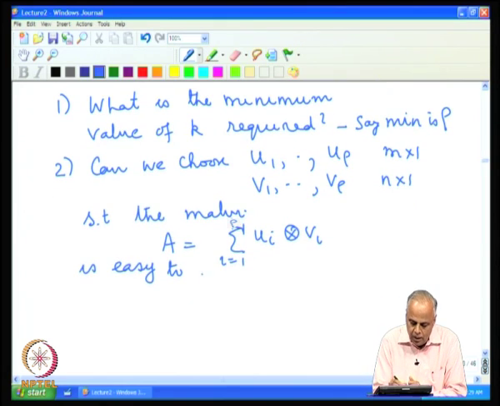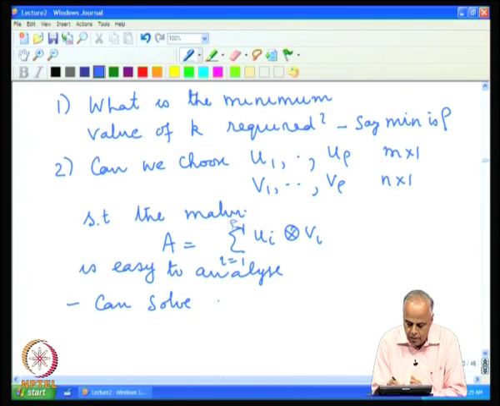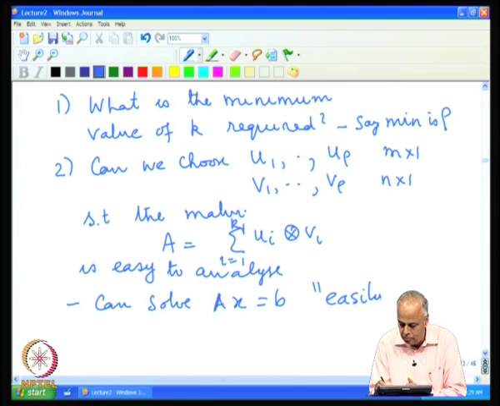What do we mean by easy to analyze? For example, we can solve A x equal to b easily using this decomposition, expressing A as the sum of these tensor products.